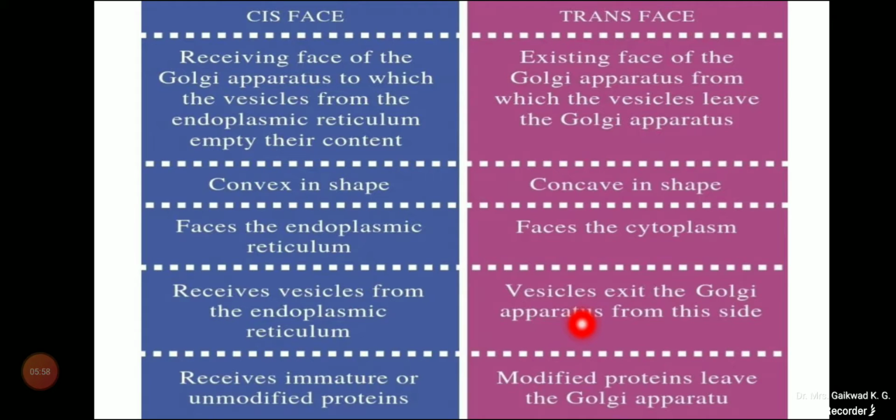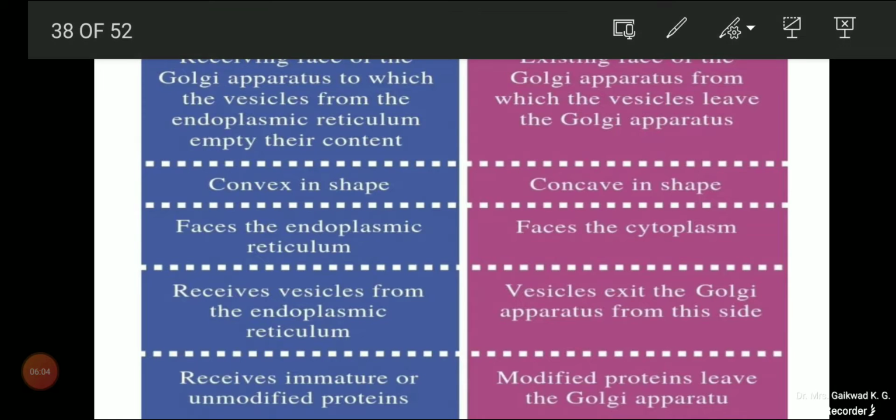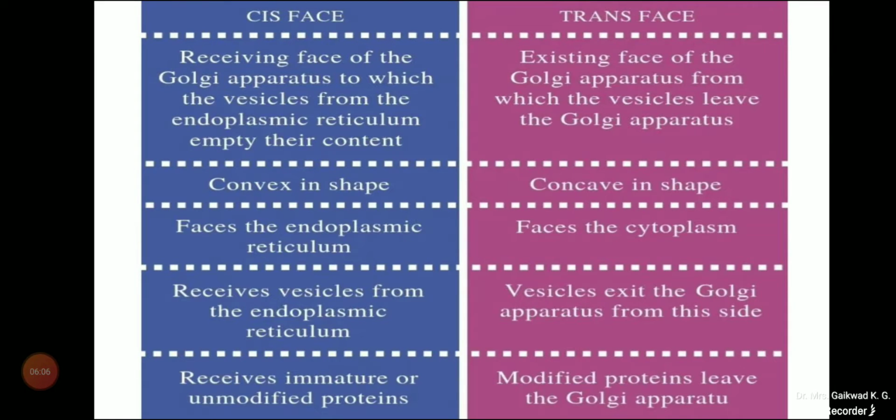Whatever vesicles there are exit the Golgi apparatus from the trans face, and they contain the modified protein that leaves the Golgi apparatus. So that is about the cis face and the trans face of the Golgi apparatus.